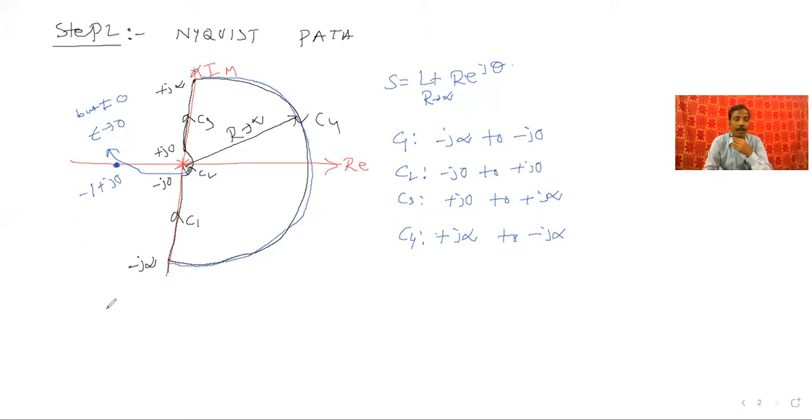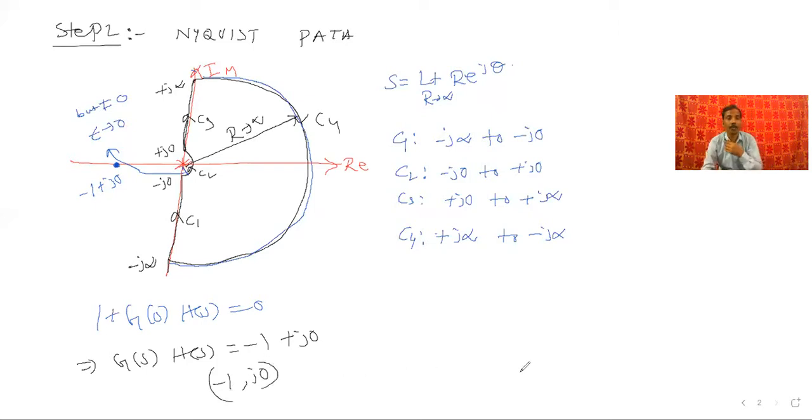This is the critical point because 1 plus G(s)H(s) equals 0. Then G(s)H(s) equals minus 1 plus j0. Minus 1 plus j0 point is called critical point.